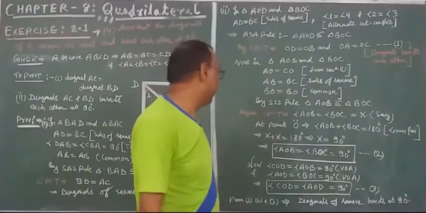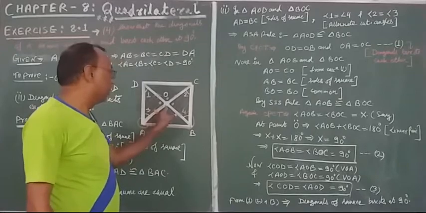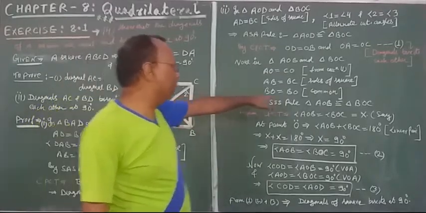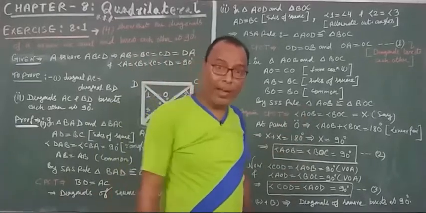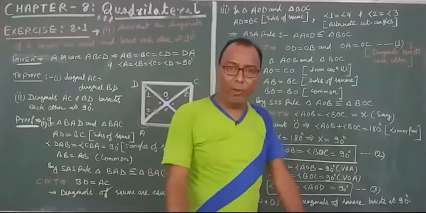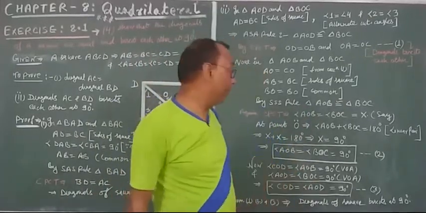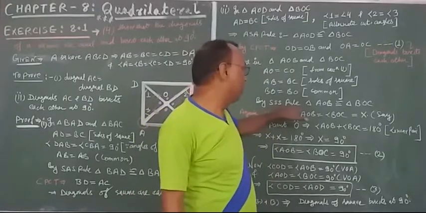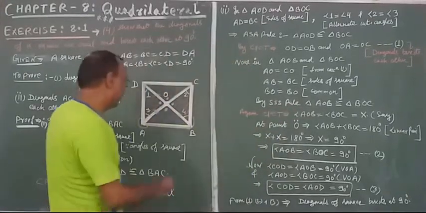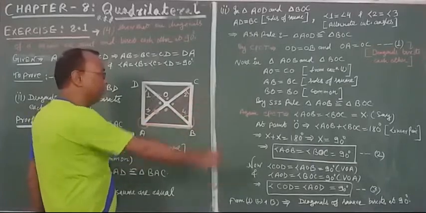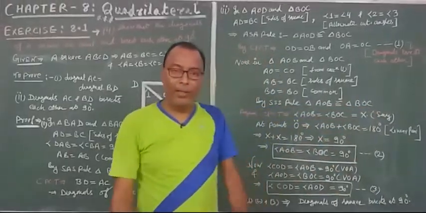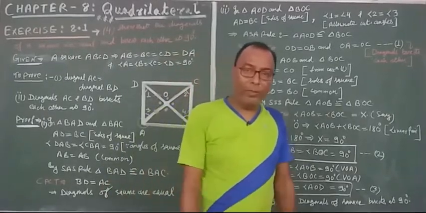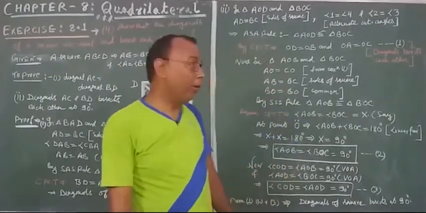And the third thing, BO is common in both the triangles. So by the SSS rule, triangle AOB and triangle BOC are congruent.